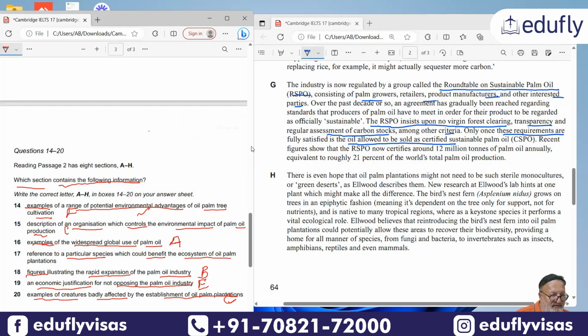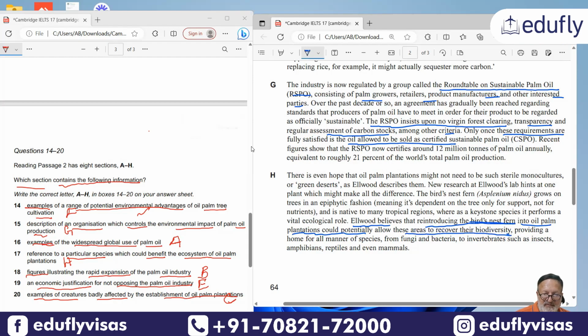Now we are left with 1, and we are also left with one answer. This has to be H. But let's confirm whether it's a particular species which could benefit. Now, let's read. Elwood believes that reintroducing the bird's nest fern, this is a species, into oil palm plantations would potentially allow these areas to recover their biodiversity.